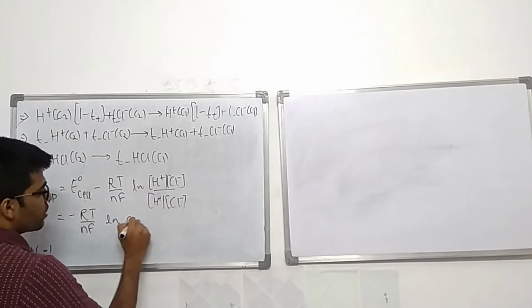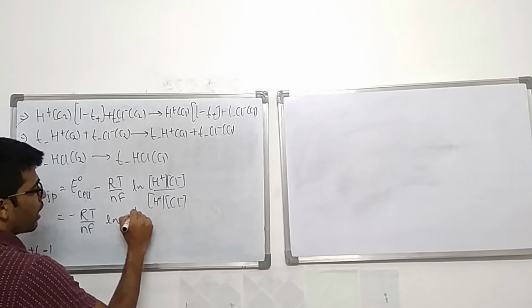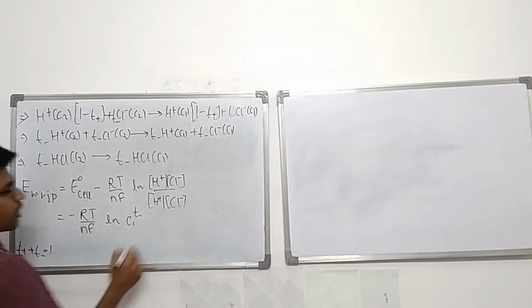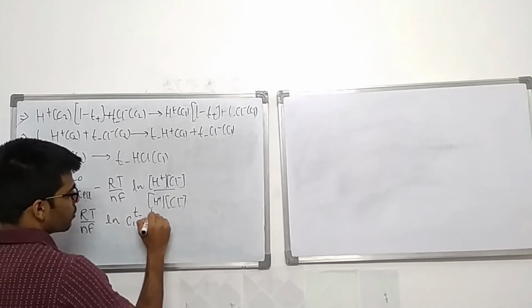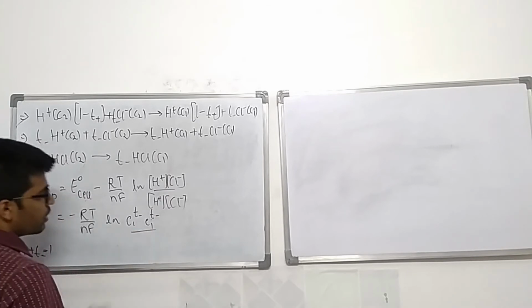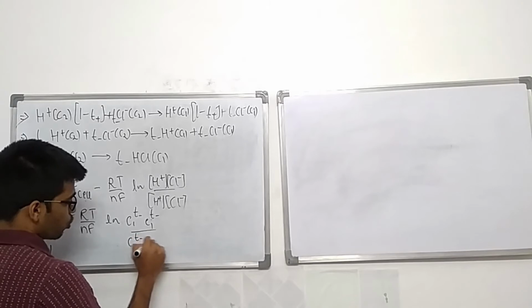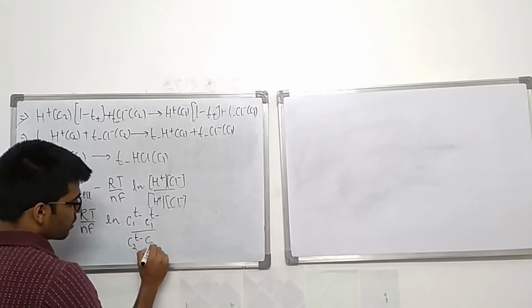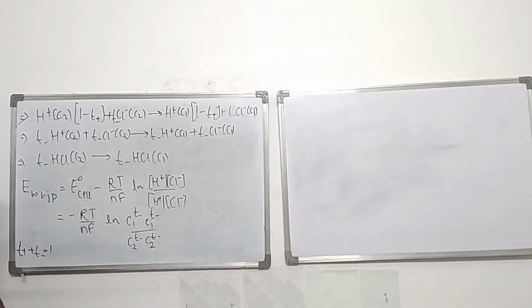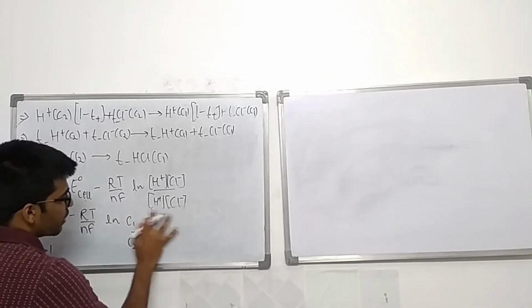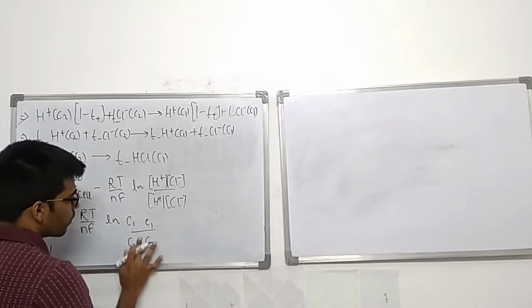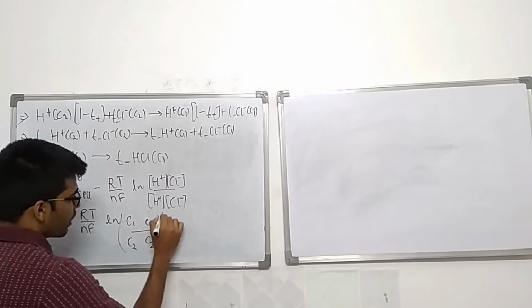ln. The concentration is C1 and the stoichiometry is T minus. Similarly for Cl minus it is C1, stoichiometry is T minus. For the reactant side I have C2, stoichiometry T minus, so the power becomes T minus. Similarly this one. Now I can rewrite this as whole to the power T minus.